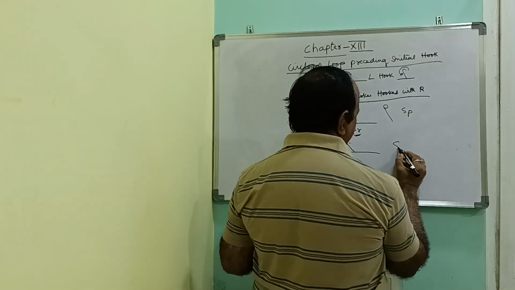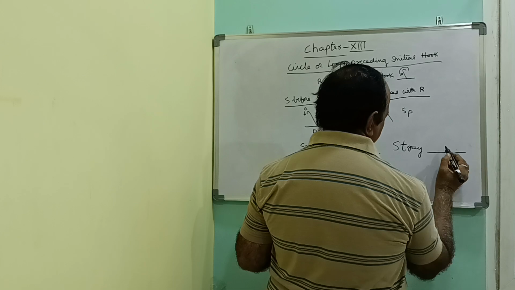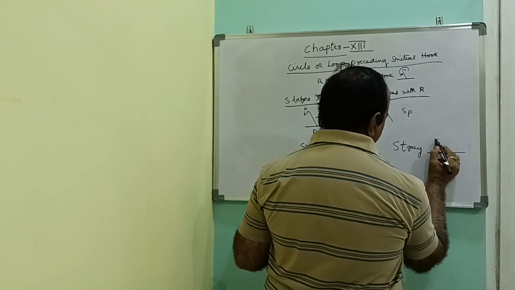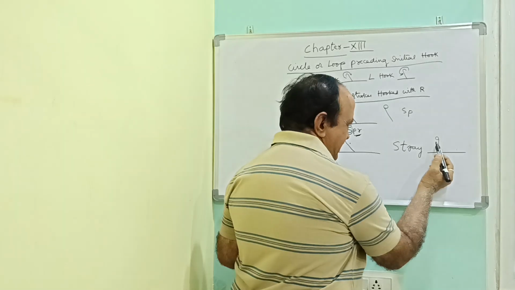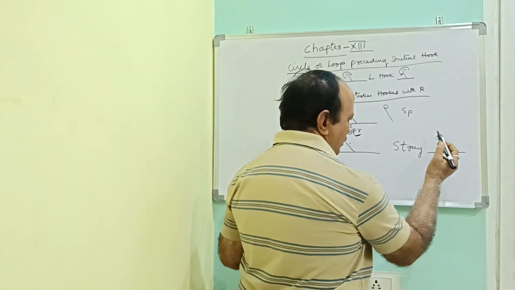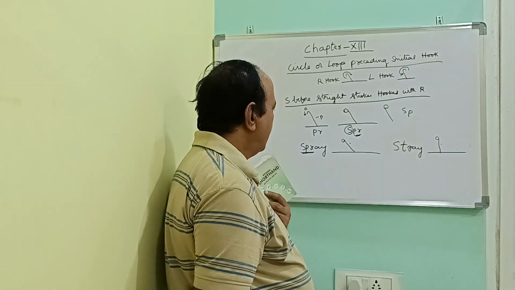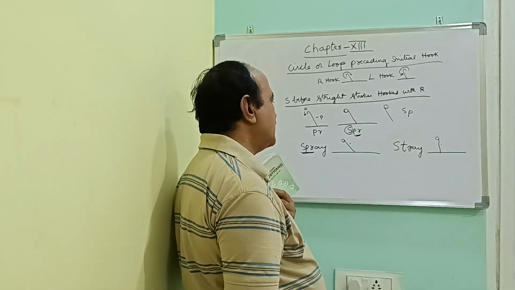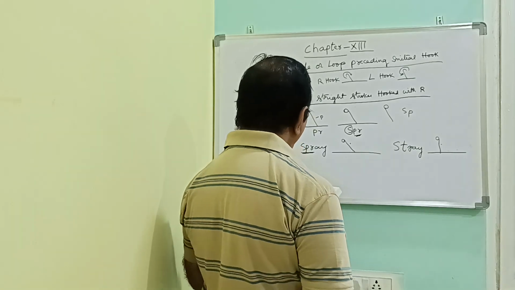In the same way, stray. Star. To write the circle like this, it has the combination of S and tar. S and tar, so star, then placing the vowel here, it will become stray. Stray like this. Right?